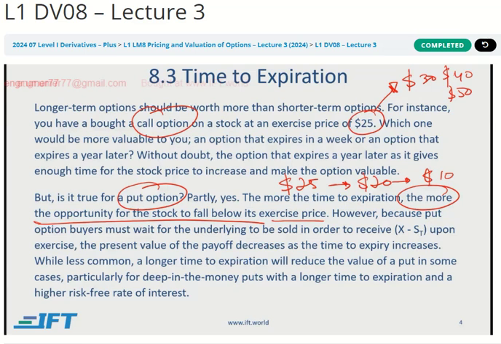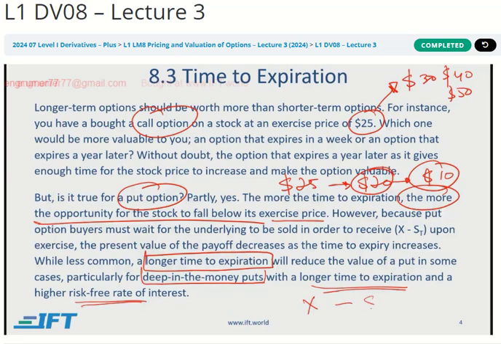But at the same time, let's say it has already fallen, which means your option is in the money and now you're itching to exercise it, and since it's a European option, you cannot exercise and you have to wait for the expiration. It is really painful, because if a long expiration time is there and your option is deep in the money, now you have to wait, and a longer expiration time, especially if there is a high risk-free rate, is going to be painful for you, because your payoff is X minus S, and this will be divided by (1 plus r) to the power T minus t.